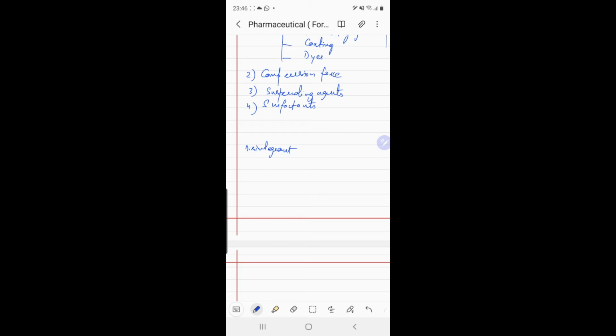If you look at the absorption rate constant Ka and the Tmax, an increase in Ka means an increase in absorption rate, meaning the speed of absorption is high.